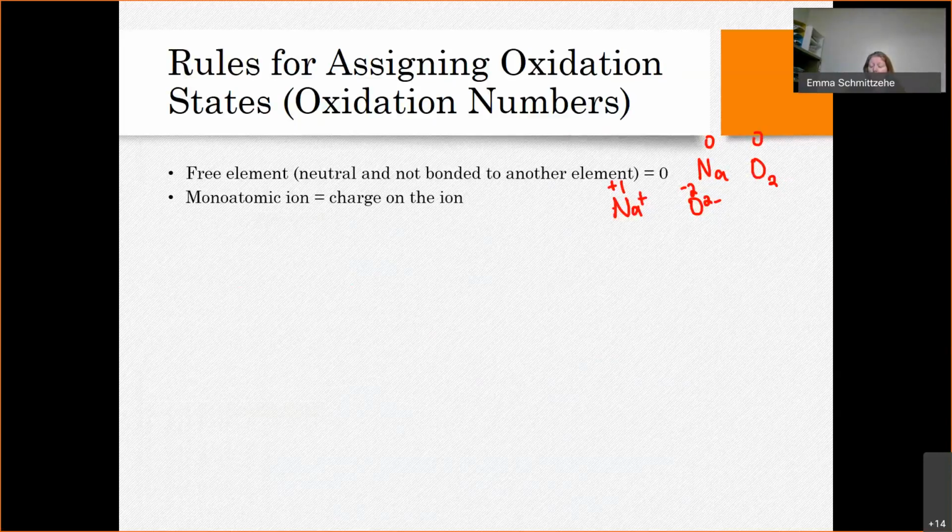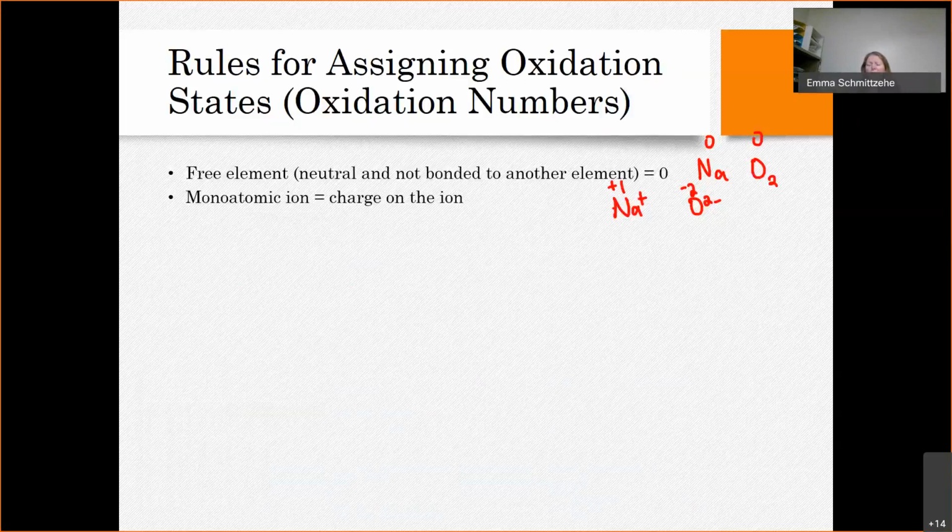So if it already has a charge, that charge is the oxidation state for an individual atom. If you have a cluster of atoms that has a charge, meaning a polyatomic ion, it's a little more complicated because you have to break it down and assign oxidation states for each individual atom. So these are your two simplest cases.